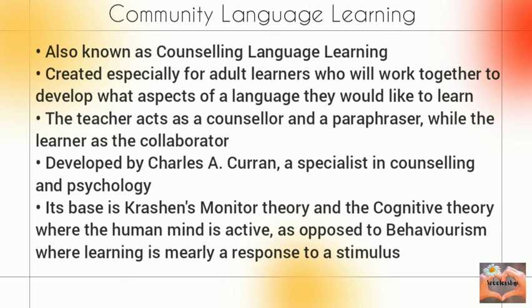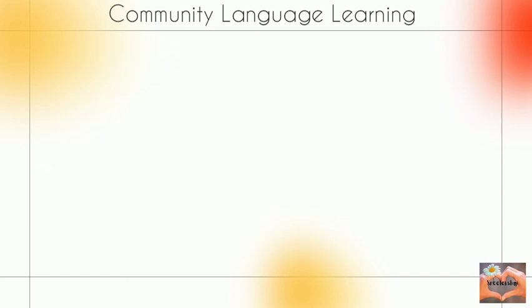It was developed by Charles A. Curran, a specialist in counseling and psychology. Its base is Krashen's monitor theory and the cognitive theory, where the human mind is active, as opposed to behaviorism, where learning is merely a response to a stimulus.